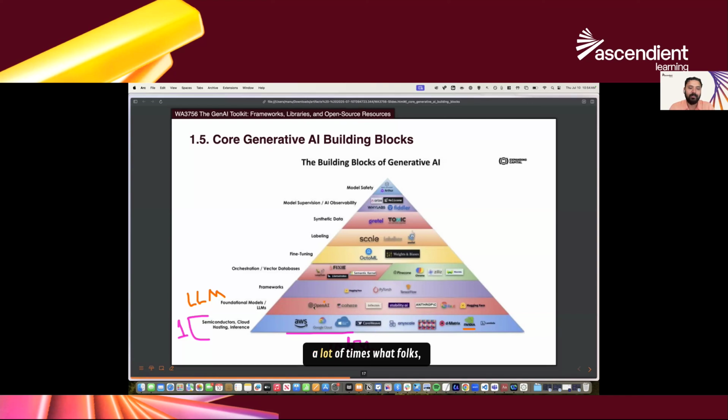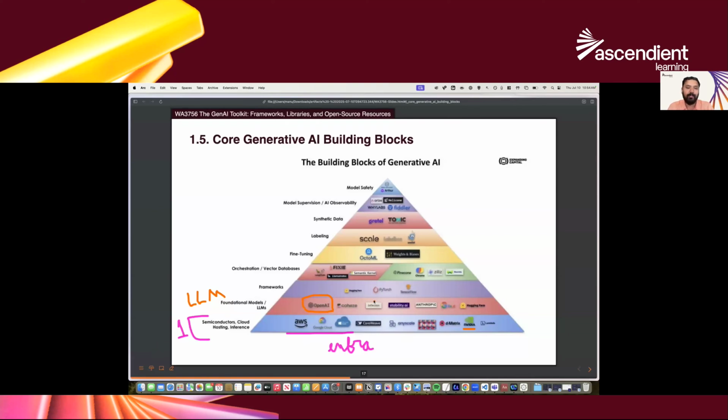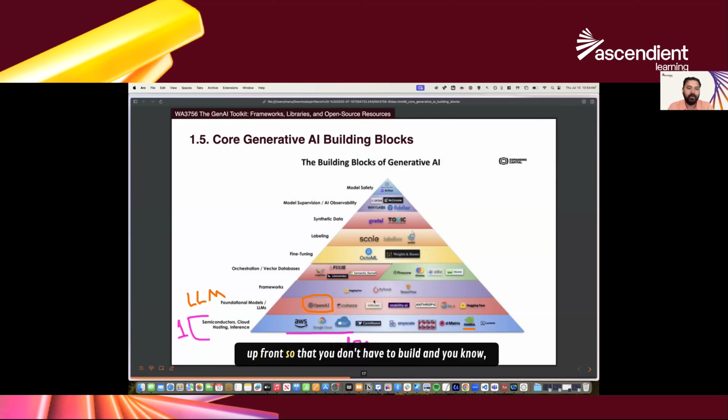So a lot of times, depending on your organization and its limits, maybe you build a low-grade model and a POC, keeping in mind that down the road you do want to build a production system, and trying to chart that out, like we talked about earlier. But maybe you use a well-sourced AI up front so that you don't have to build your own GPU servers.